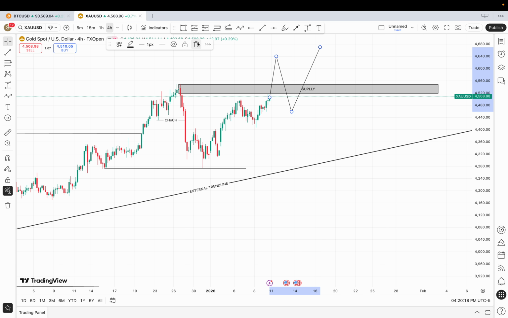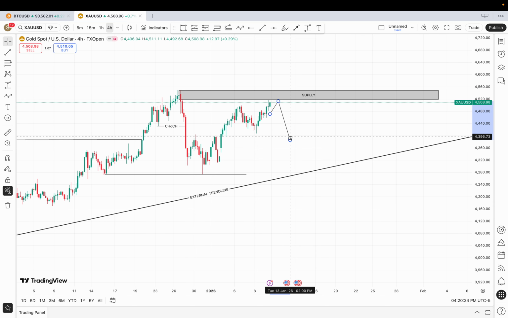But the moment we see something like this, we have something we call if this then this. If something like this, it couldn't break, or maybe it swept people out without forming any candle. It came to this level and it broke this level.